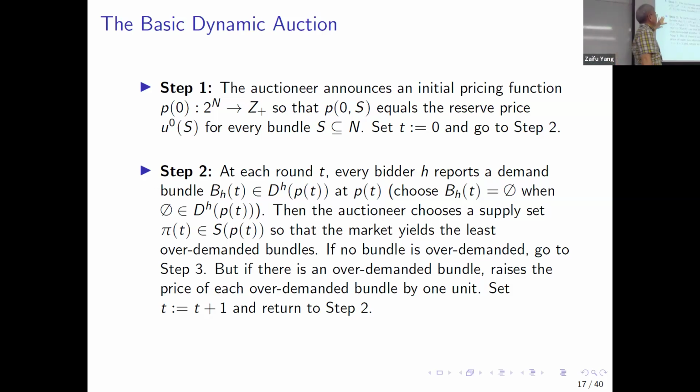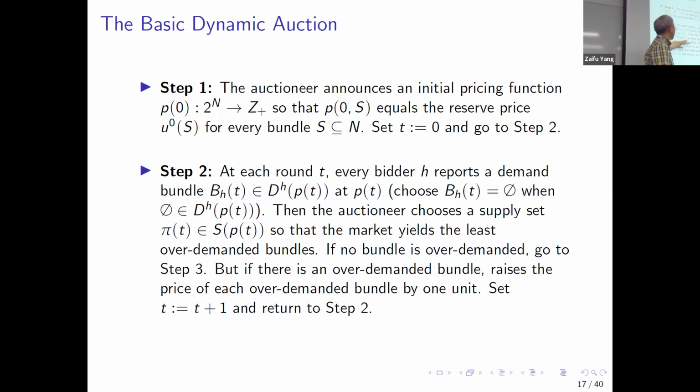Then at each round of the auction, every bidder reports a demand bundle, just one bundle. Of course, as we required previously, if the empty set is an optimal bundle, then you are asked to report the empty set. Then the auctioneer chooses a supply set.